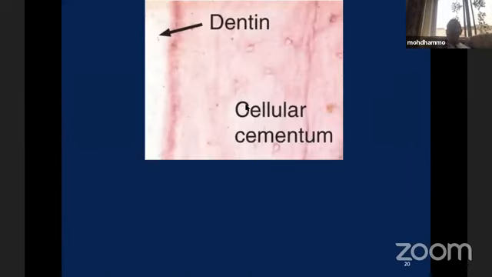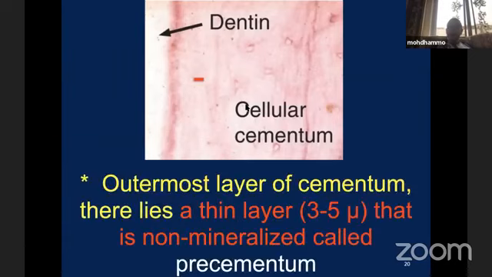So let's take a look at the junction between dentine and cementum. The outer layer of cementum, closer to dentine, has a thin layer, 3 to 5 micron, and this layer is also non-mineralized. It is called pre-cementum.